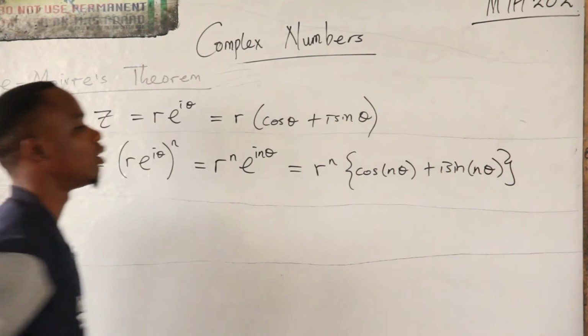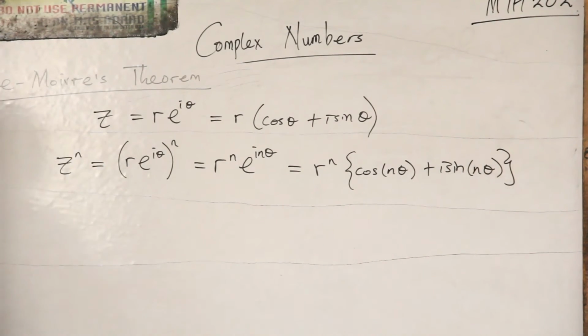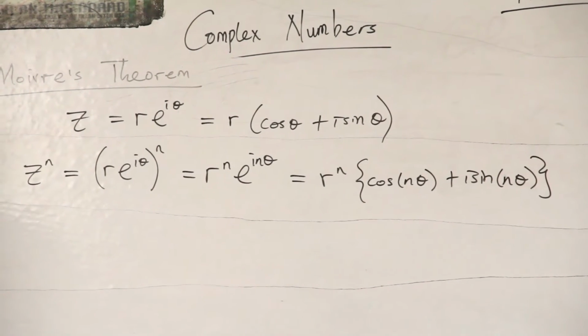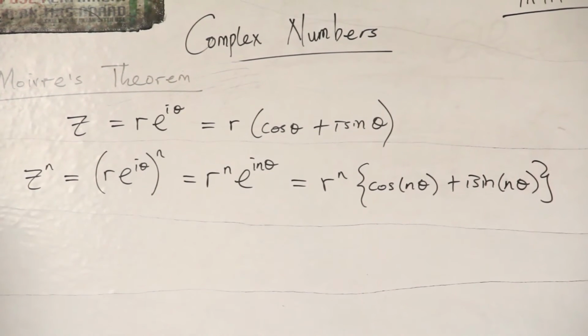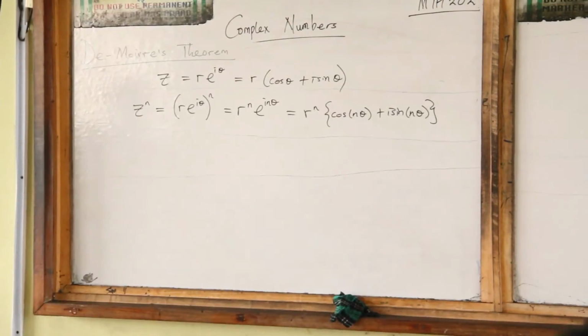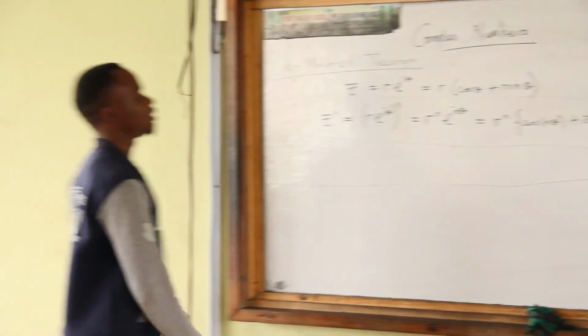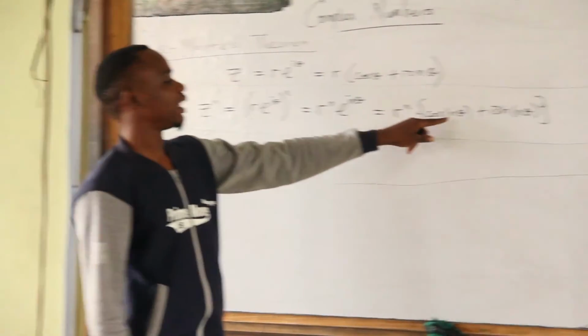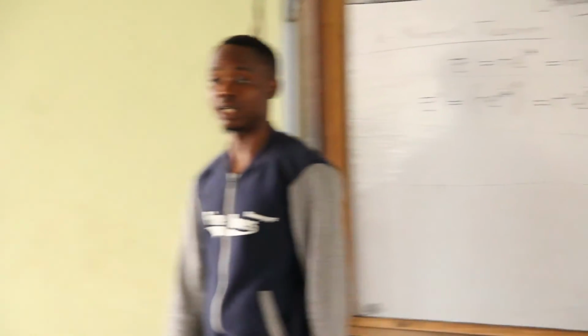This is what we call De Moivre's theorem. When you take the nth power of a complex number, just raise the modulus to the power of n and multiply the argument by n. Is it clear?